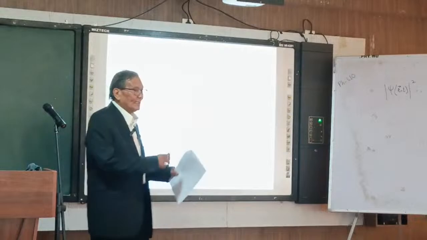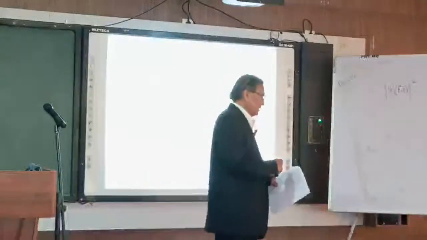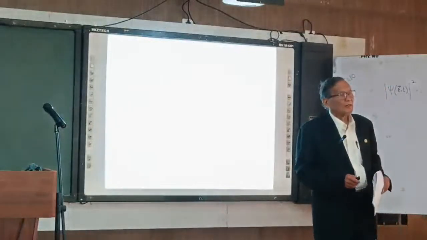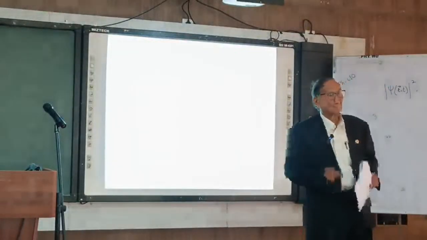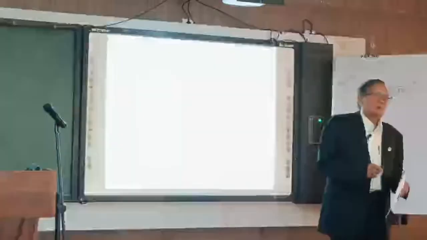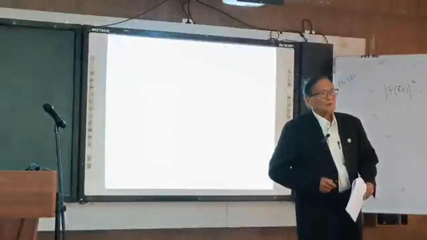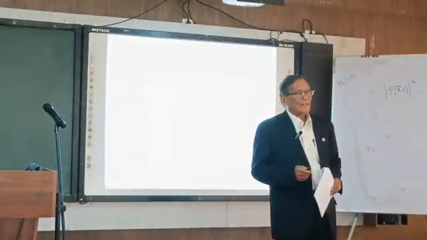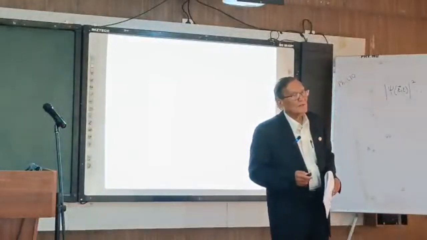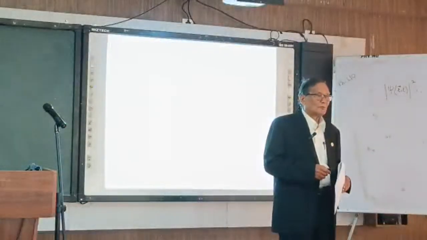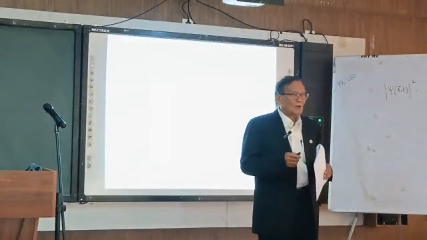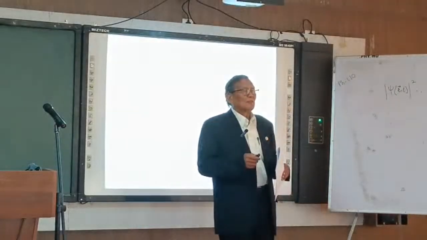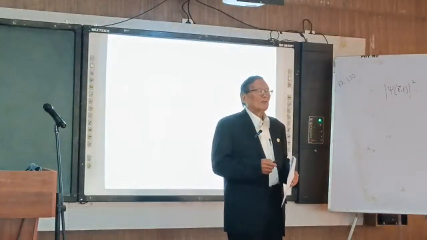Now, having noted these things, the idea of representing dynamical variables by operators from Heisenberg's formulation, and the idea of the state of a physical system from Schrodinger's method, we are now ready to formally formulate quantum mechanics.